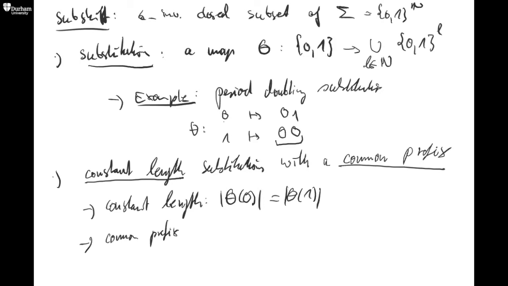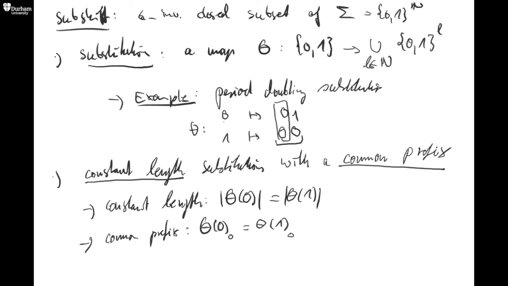So theta of naught is a word whose first letter I will denote with index 0, and we just want that this letter is the same as the first letter that occurs in the word that I obtain if I apply the substitution to the letter 1. And again, this is exactly the case for our period doubling substitution. If you look here, the first letter in both cases is a 0.